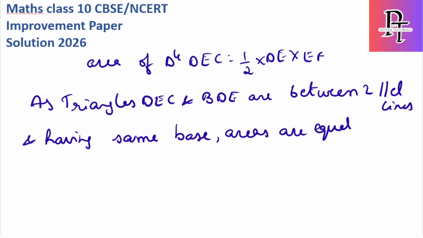If areas are equal, then I can simply say the ratio of area of triangle ADE by triangle BDE, and area of triangle ADE by triangle DEC.